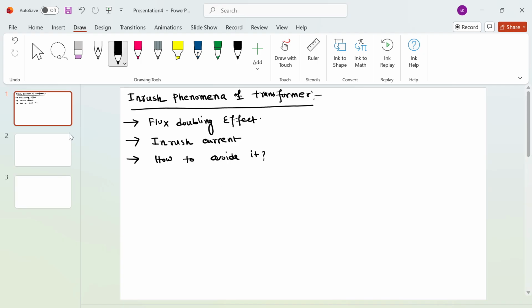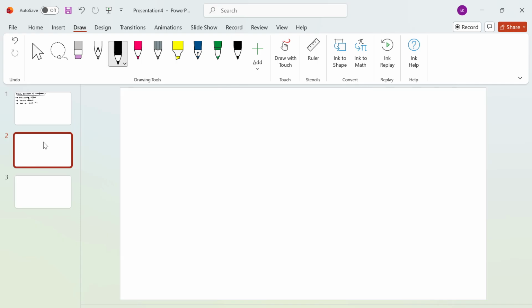So let's start. For example, you have a transformer with you, and the transformer is at no load condition. That means the secondary side is open circuit.